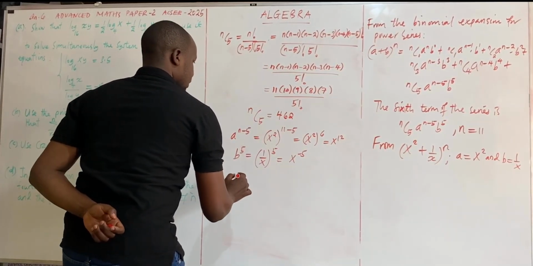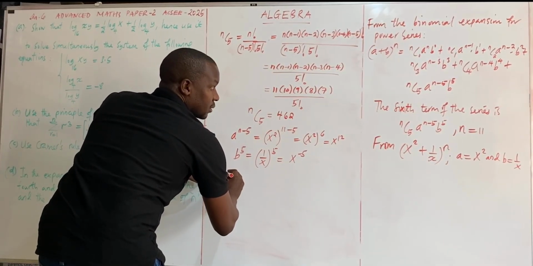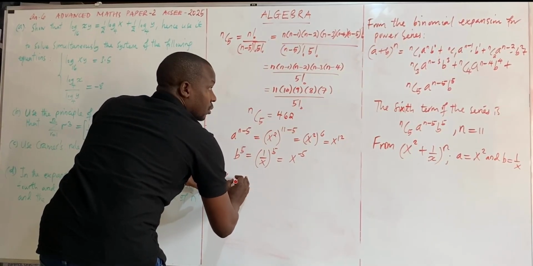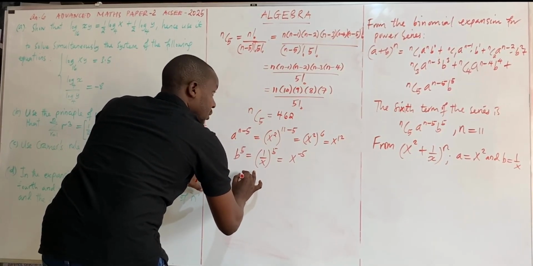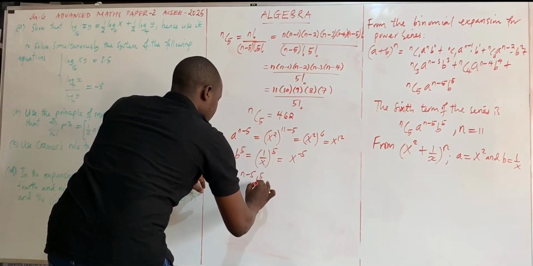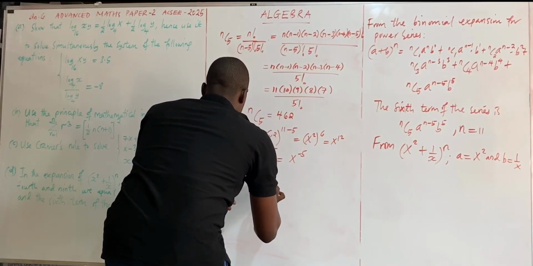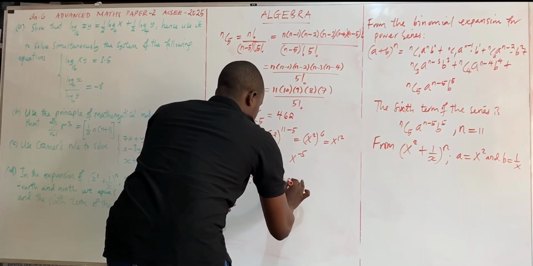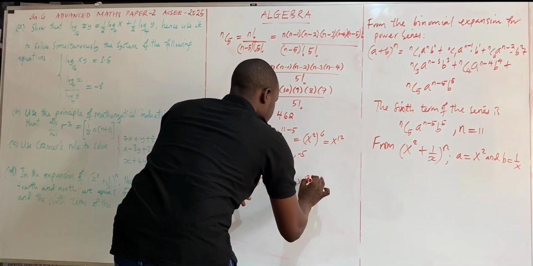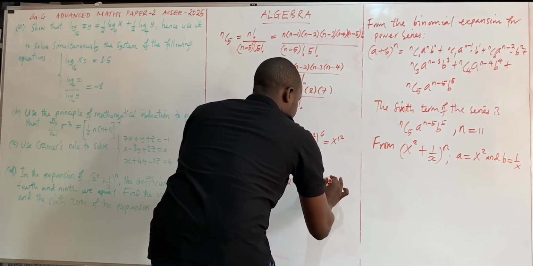If that is the case, then n choose 5, a raised to n minus 5 times b raised to 5 will be equal to 462, that is n choose 5, times a raised to n minus 5, that is x raised to 12, times b raised to 5, that is x raised to negative 5.